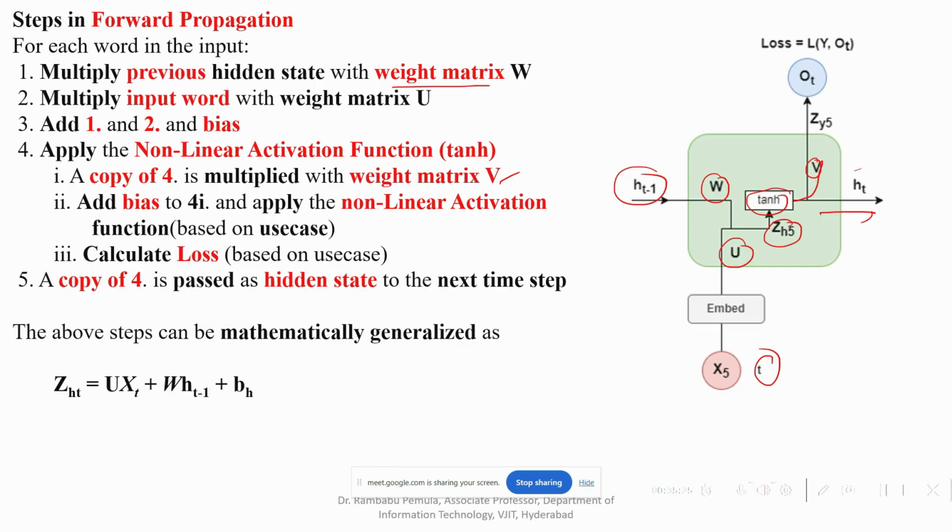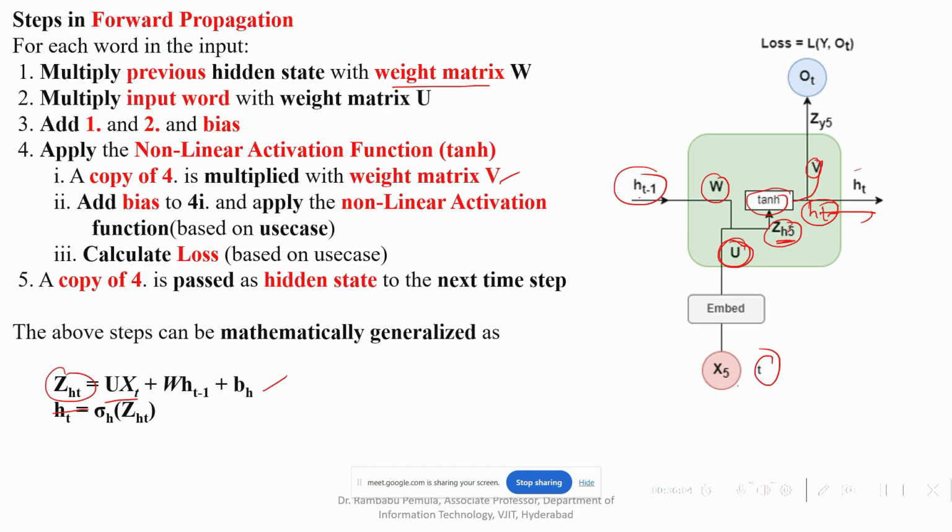So here ZHT is nothing but U into XT, where U is the weight on the present node input value, plus W into HT minus 1, plus the bias term. Then we get the output. Now HT equals sigma H of ZHT.